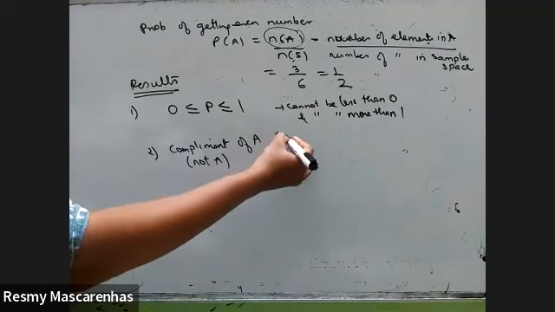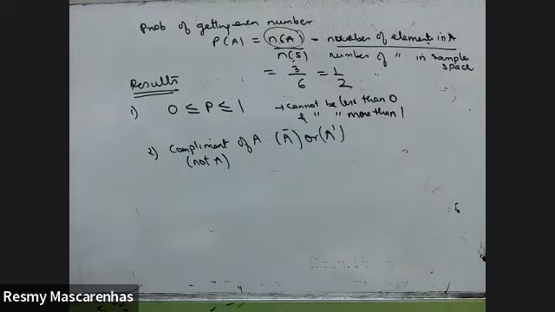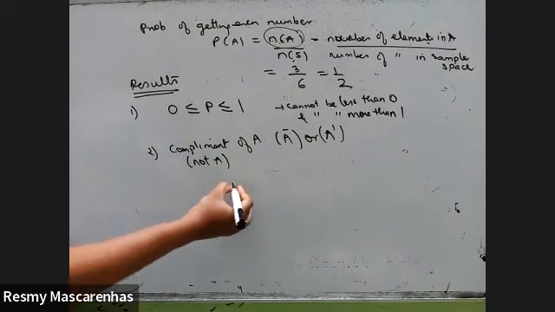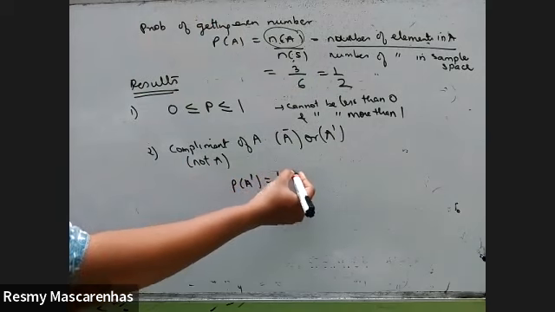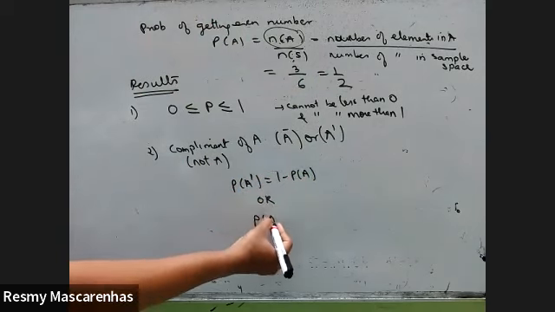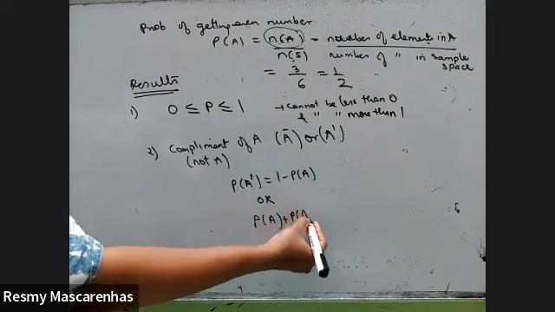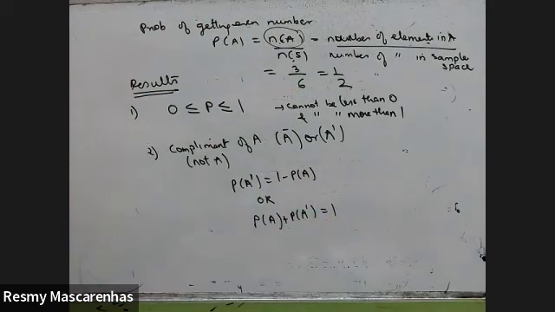That is given by A bar or A dash. So the probability of A plus the probability of A bar is always equal to 1. Both probabilities together always equal 1.